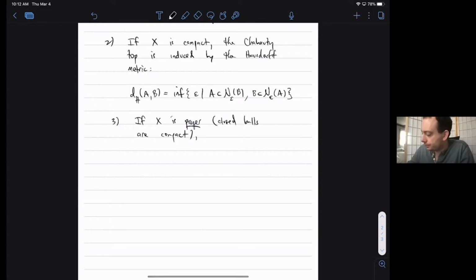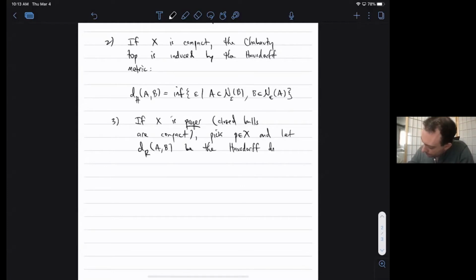And then let's pick some point P in X, and let d_R of A, B be the Hausdorff distance between the subsets A intersect B(P,R) and B intersect B(P,R).